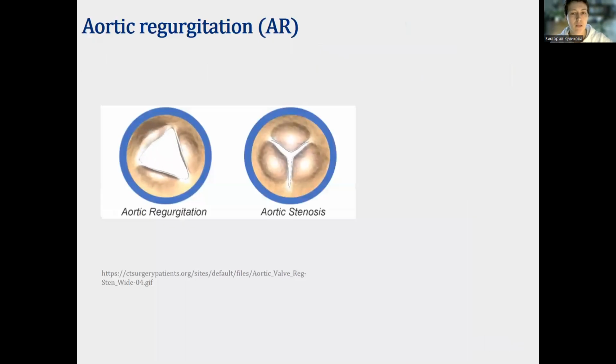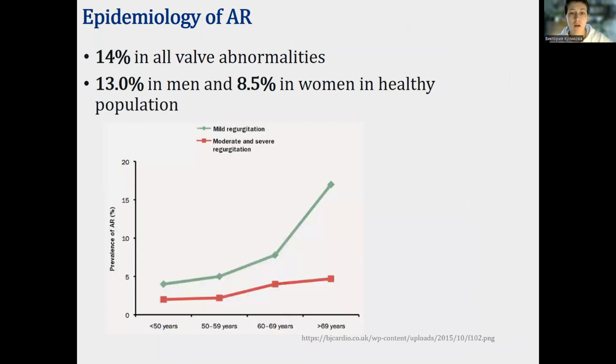Now let me speak about aortic regurgitation. Aortic regurgitation occurs in 14% of all valve abnormalities. The Framingham Heart Study, a prospective epidemiologic study, evaluated the prevalence of aortic regurgitation.